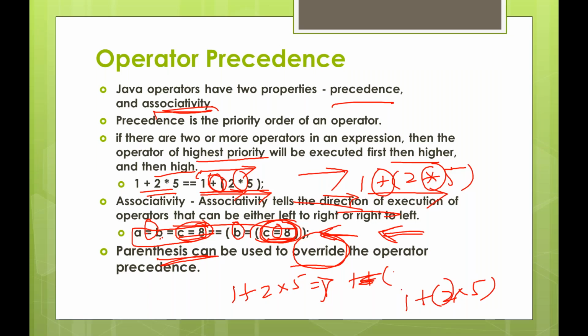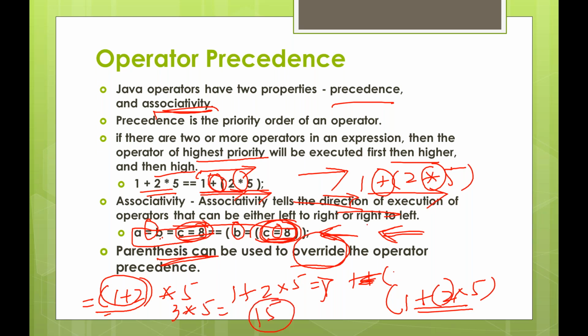Can we make this value 15? Yes, we can do that using parentheses. We can override the operator precedence by writing (1 plus 2) star 5. This will be evaluated by first doing the addition, that is 3, then the multiplication, and we will get the value 15.